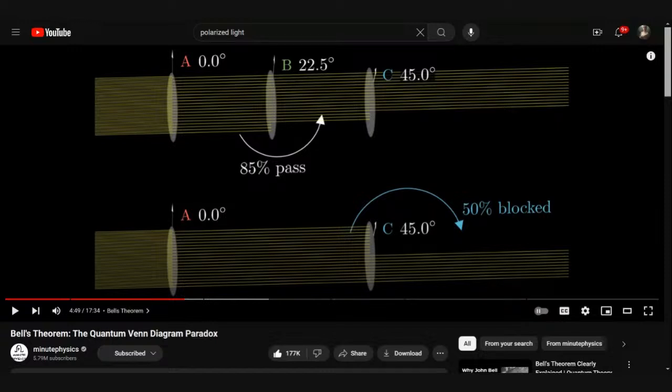And 45 degrees is another 22.5 degrees. Is that true? So light comes in. No one is with us, right? Nothing here.